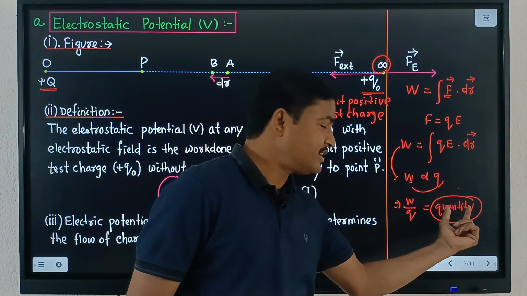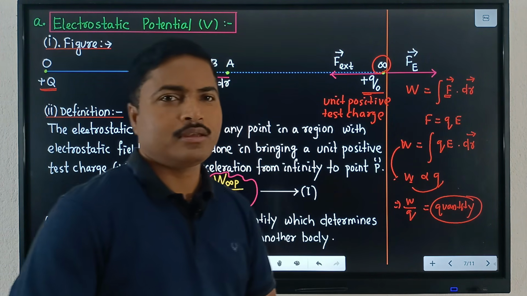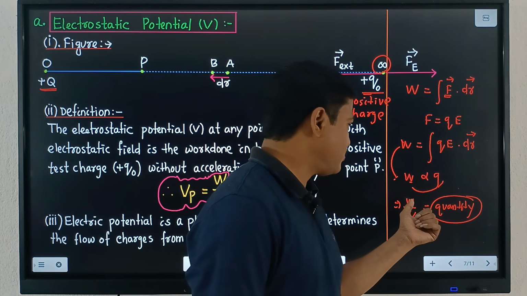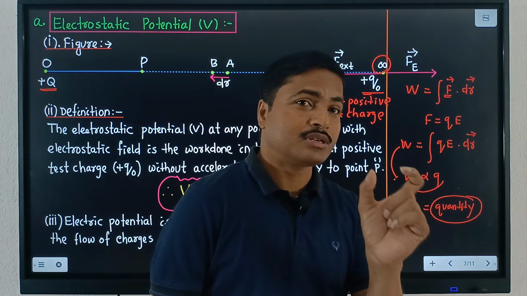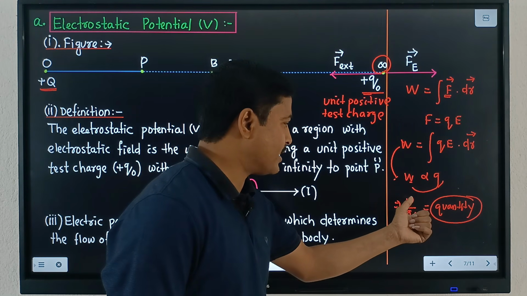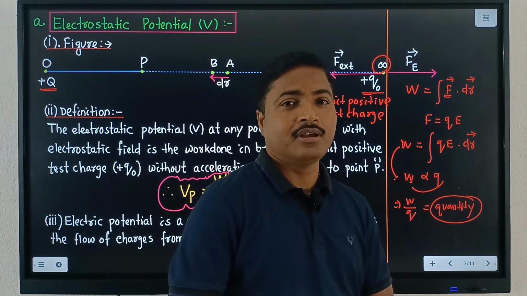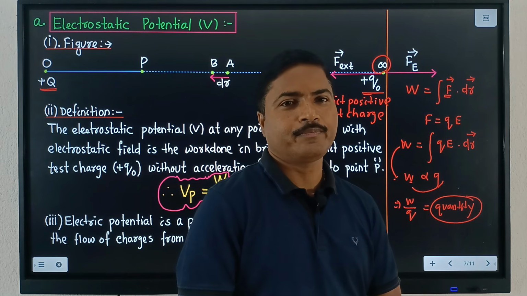So this quantity is known as the electric potential in this case. That means simply work done, that is the electrostatic potential energy, divided by test charge gives the electric potential.